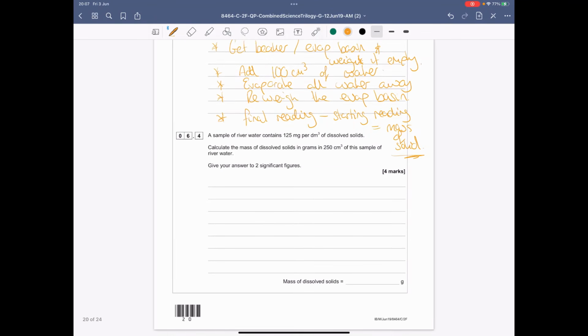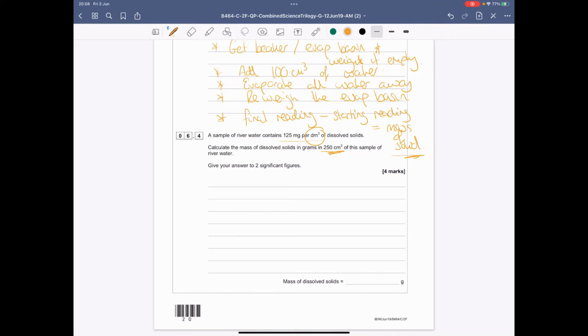Question 6.4. A sample of river water contains 125 milligrams per decimetre cubed of dissolved solids. Calculate a mass of dissolved solids in grams in 250 centimetre cubed of this sample of river water. Give your answer to two significant figures. So this again is an equation that also comes up in chemistry paper 1, but they've carried it through to chemistry paper 2.